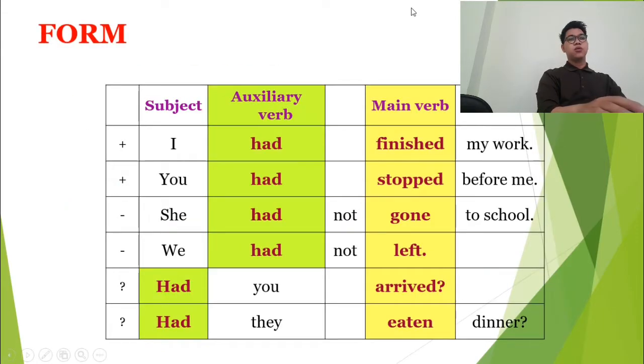I don't want to teach you all about the form or the patterns anymore, because you can look at Google or the dictionary for the pattern. Just focus on how we make the sentences.